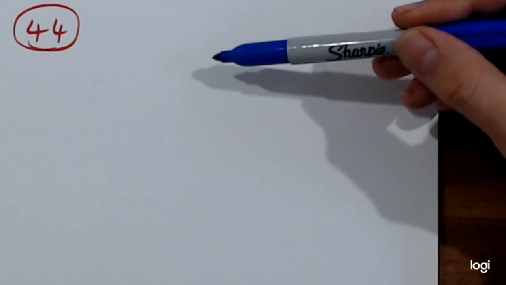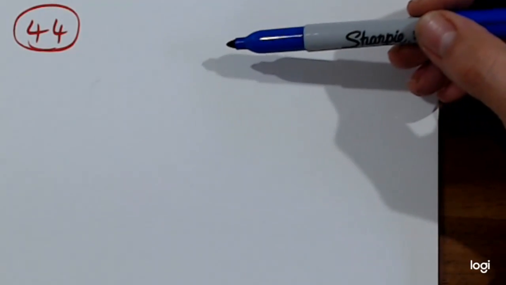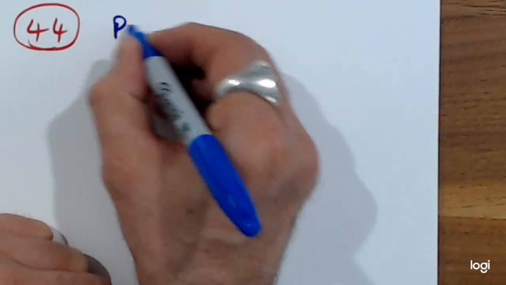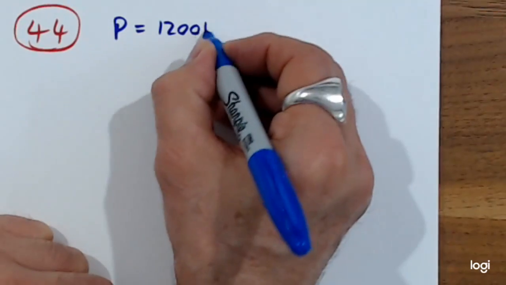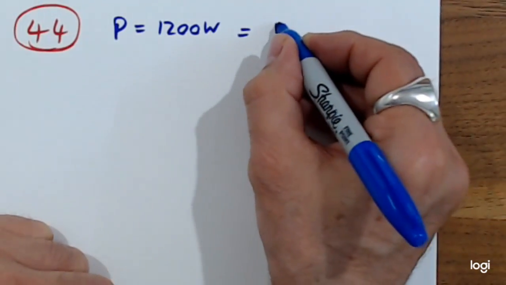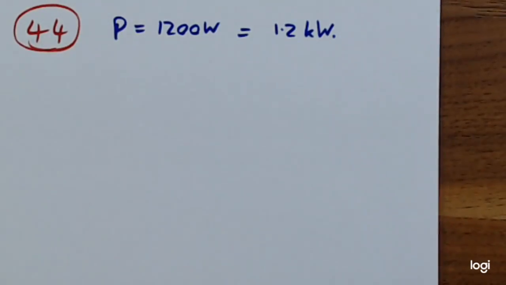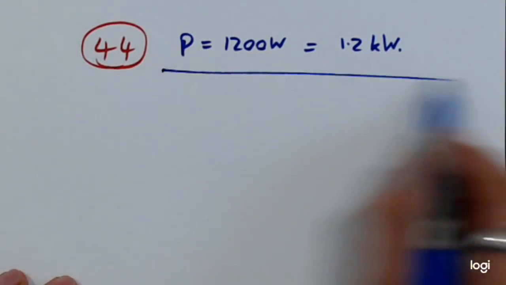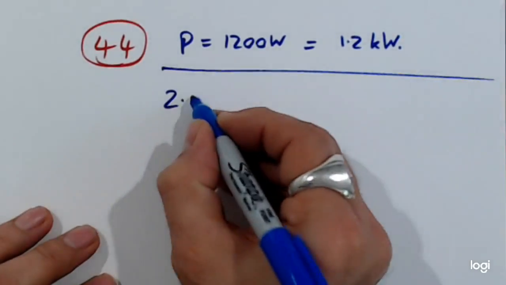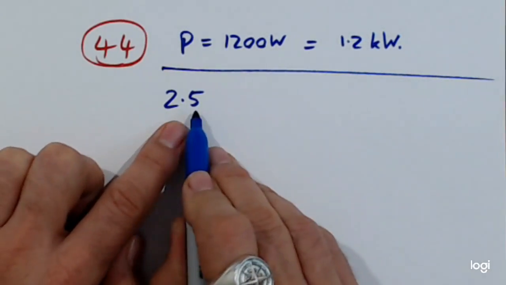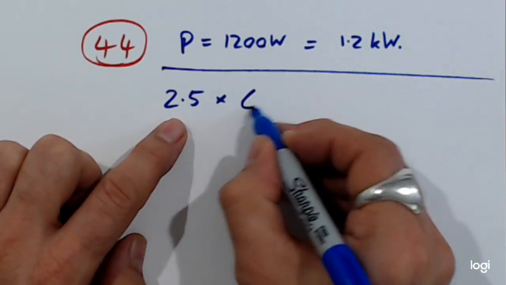So to figure out how many kilowatt hours you use in a year, you figure out, well, how many kilowatts does the dishwasher use and for how many hours has it been used? So the dishwasher, the power of the dishwasher was 1,200 watts, which is 1.2 kilowatts. That's the easy bit. Now we're going to work out the hours. So every time it's used, it takes 2.5 hours. She uses it 6 times a week.